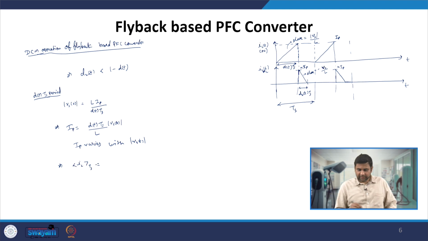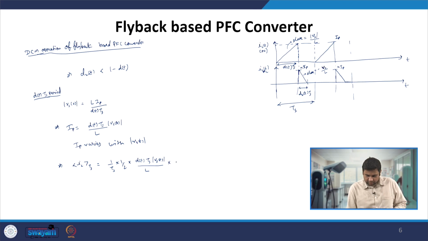Now if I try to find the IL average over the Ts duration, this is obviously referred to the primary side, so it is nothing but 1 by Ts into half times this area, half times I peak, which is nothing but d of t Ts modulus Vs of t divided by L into the time duration, which is d of t Ts, and if we do that calculation, this and this will get cancelled out.